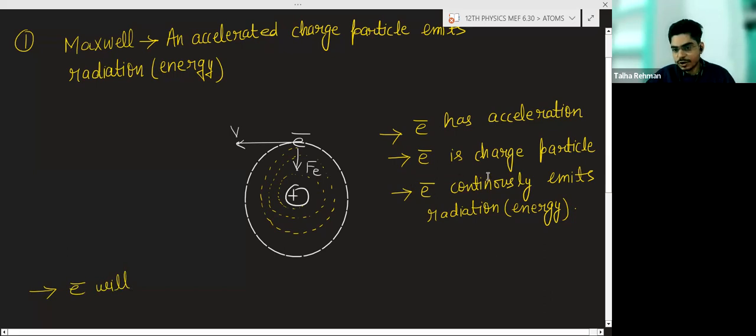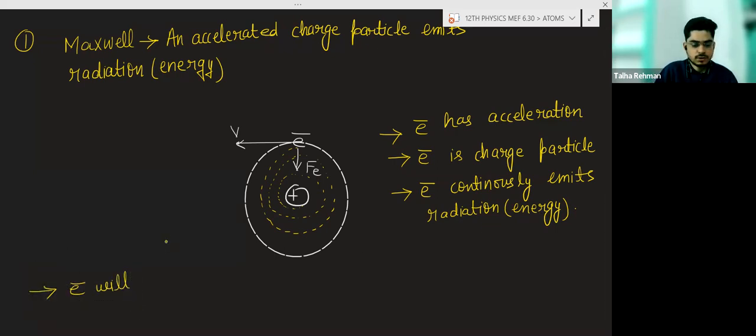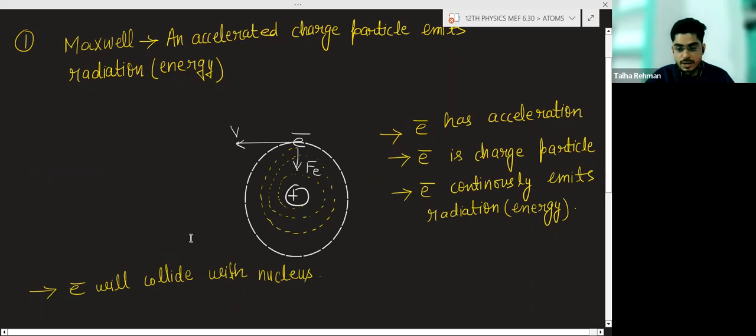You can see here, the electron continuously emits radiation or energy. Finally, the electron will collide with the nucleus. And they have calculated the time also.